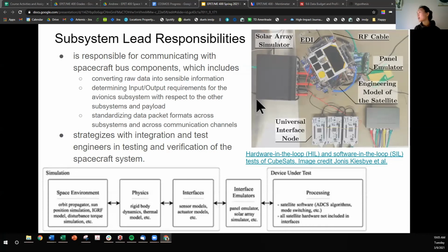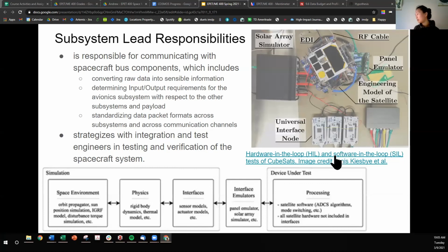Yeah, so this is kind of what a hardware in the loop setup would look like, where you have this hardware, we've got all this test equipment to put it in the loop, being some continuous simulation of maybe the progress of mission operations.